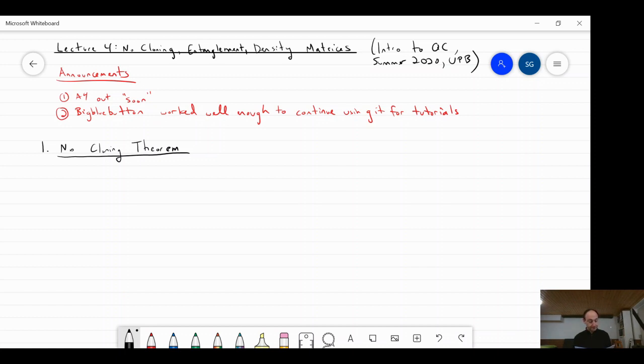So what does it mean to say that we can or cannot clone? Let me make an assumption, and I'll write it this way, assumption.